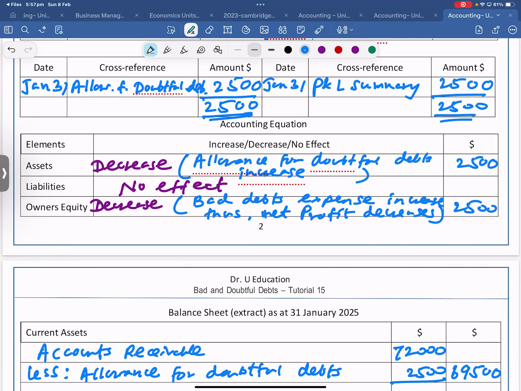Any accounts receivable can go bankrupt or run away with the money. Doubtful debt is like the one before bad debt. Remember my explanation: doubtful debt is future bad debt, potential, possible debt. We are allocating some money. We are telling the users, look, we have 2,500 of debts that we are not sure of.